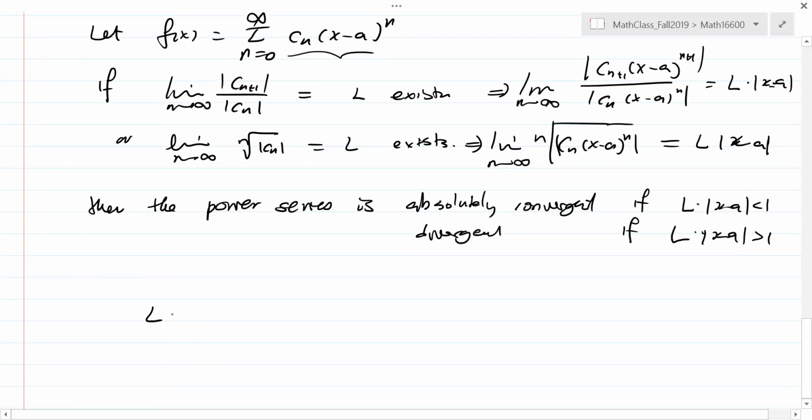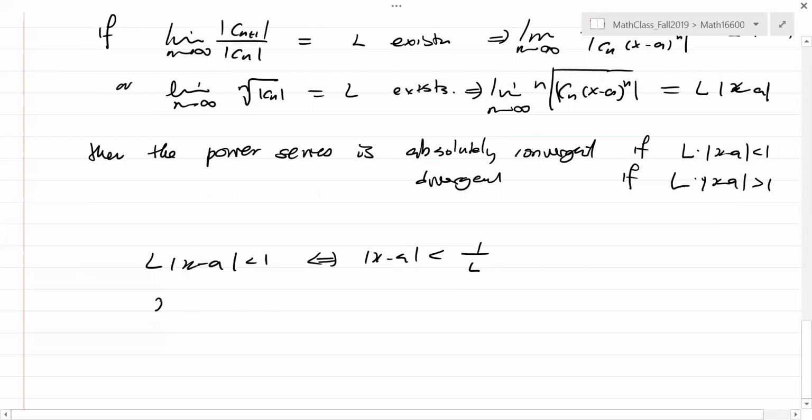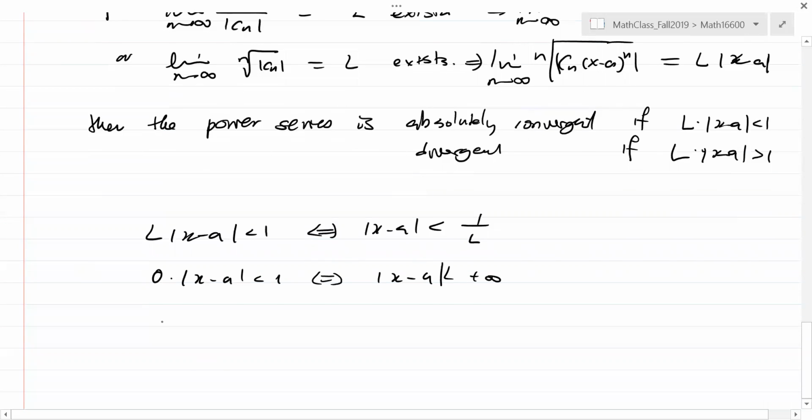So L times absolute value of x minus a less than 1 is the same as absolute value of x minus a less than 1 over L. Okay? In some extreme cases, for example, if L is 0, this really means x minus a is less than infinity, okay? If L is infinity, this really means, we just assume that, that's our assumption, okay?